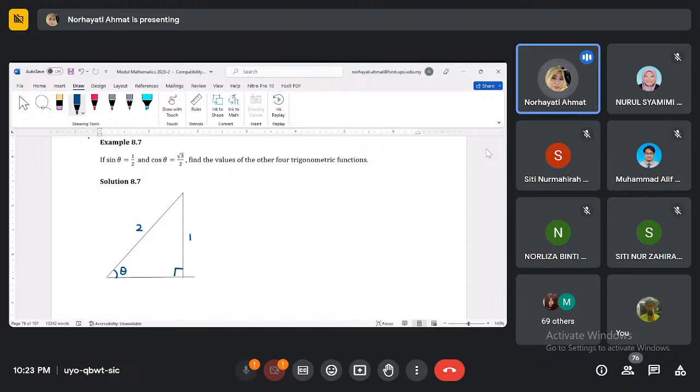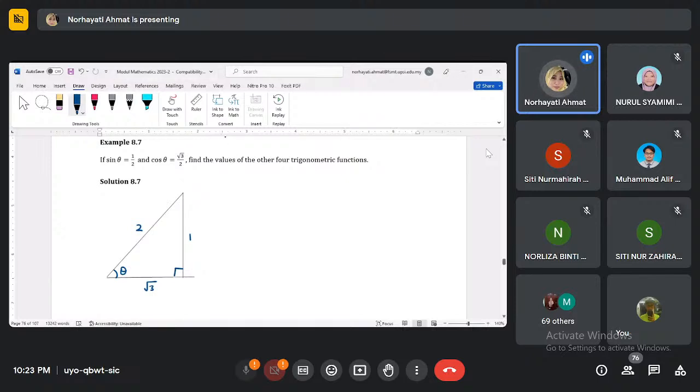So we know this is square root 3. If we check using theorem Pythagoras, we also get this side is square root 3. Panjang sisi ni adalah punca kuasa 3. 2 squared minus 1 squared, so we get 4 minus 1 is 3, so square root 3.